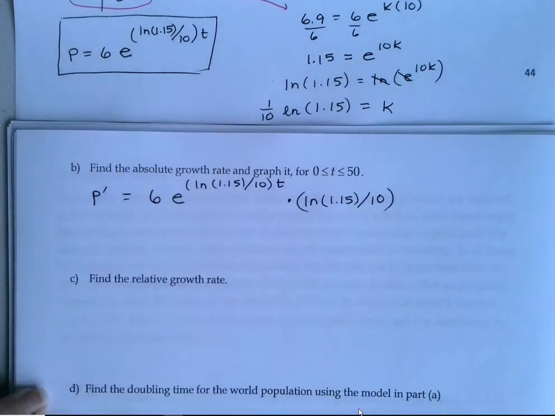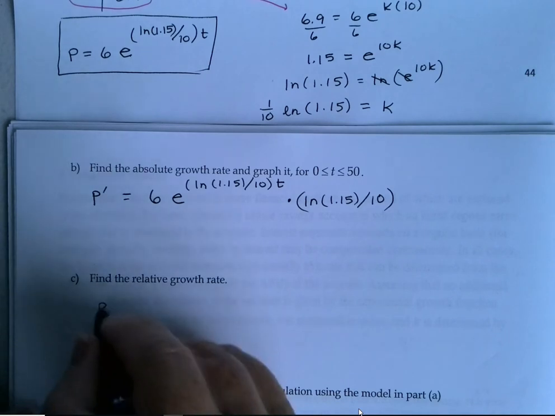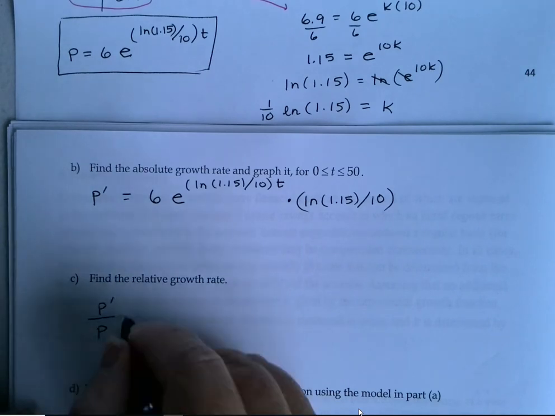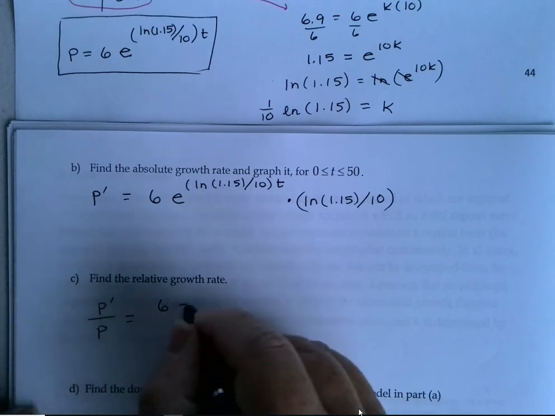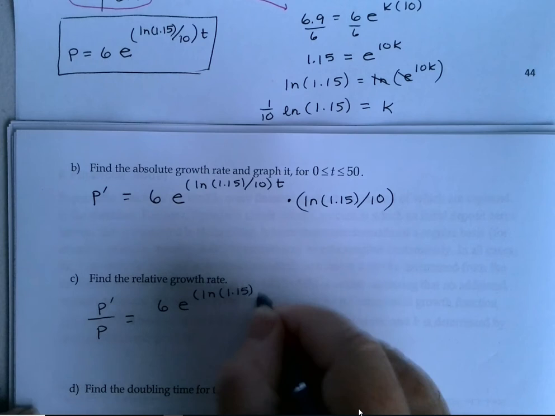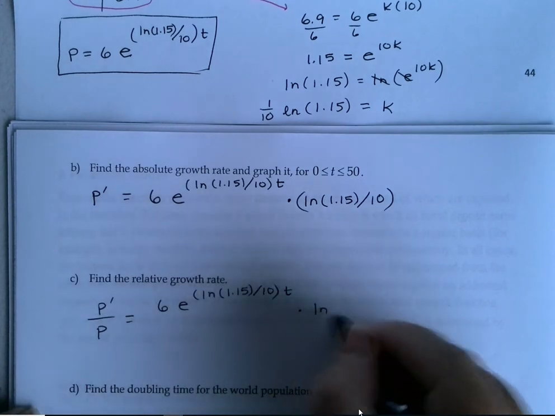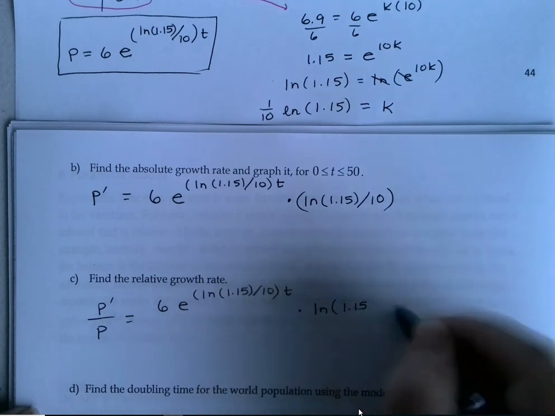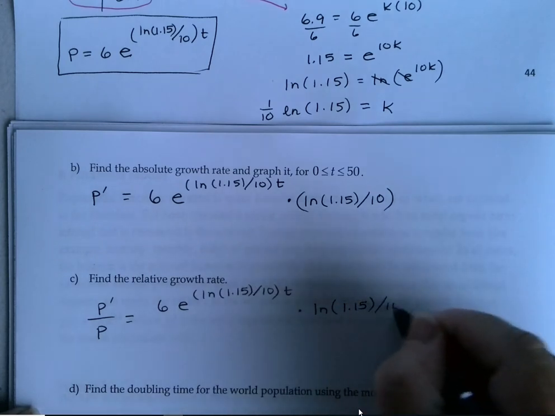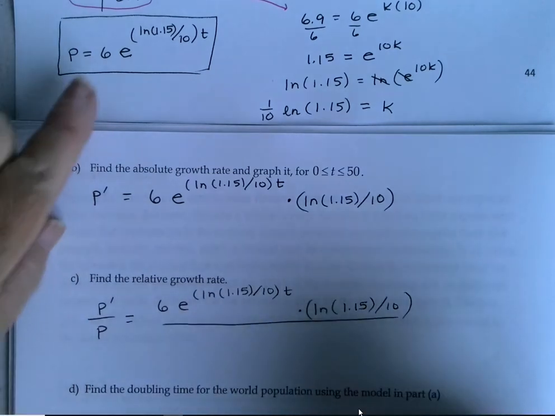It does depend on time. It is certainly not a constant. What about the relative growth rate? That's p prime divided by p. So I'll take everything I got up here, and I'll divide by the original population equation.